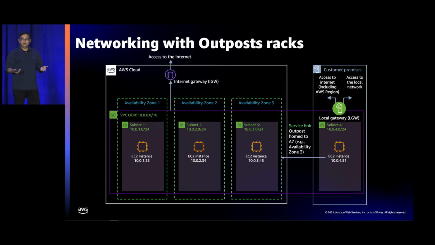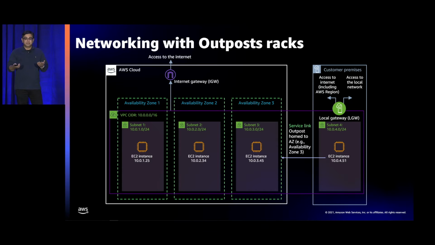Once it's parented to that availability zone, you then have the flexibility to extend your regional VPC and its subnets to Outpost. So Outpost could simply be yet another subnet of your regional VPC construct. So you can then launch an EC2 instance in region or on Outpost, and it looks like one big VPC cluster.